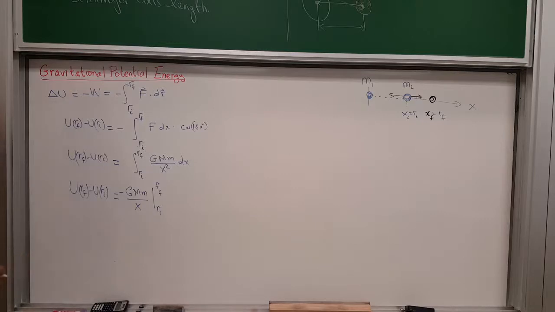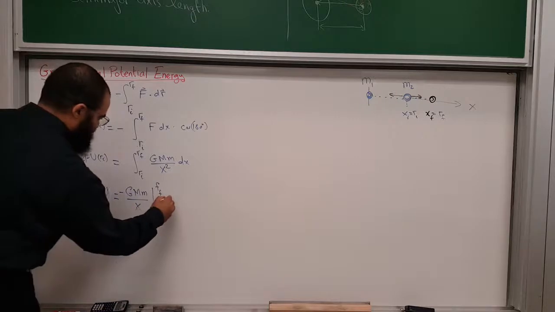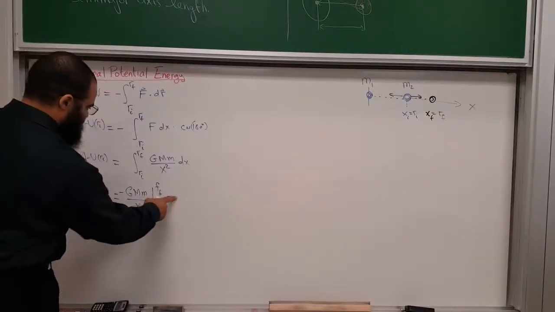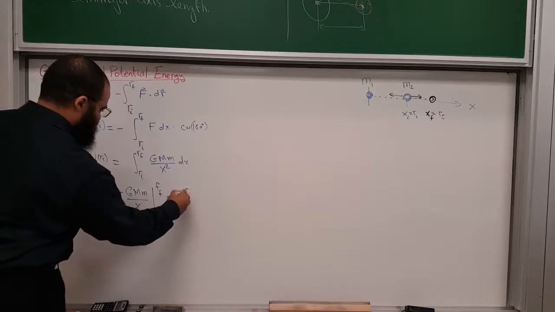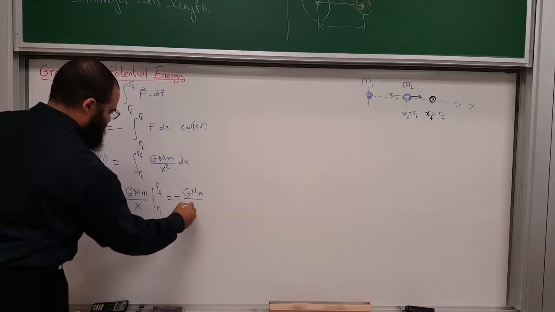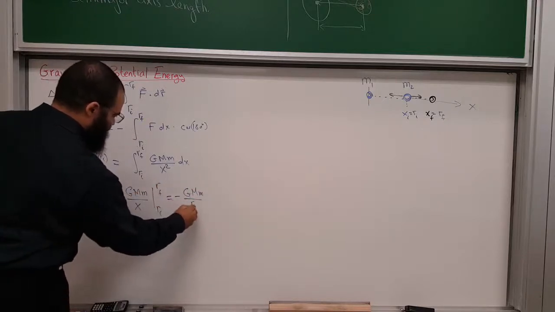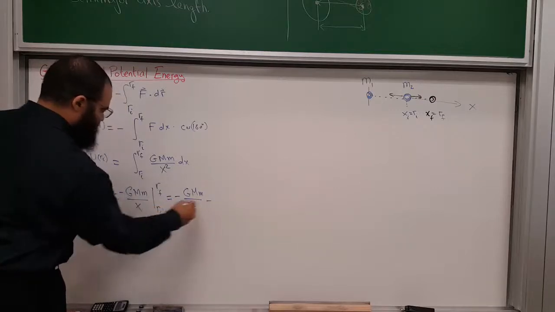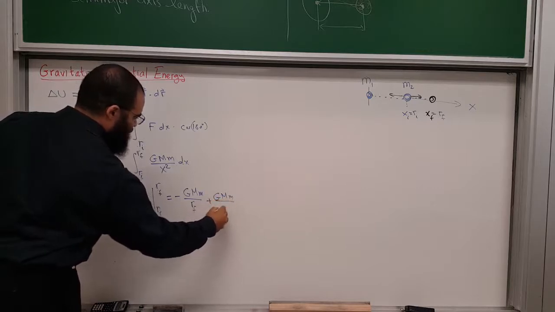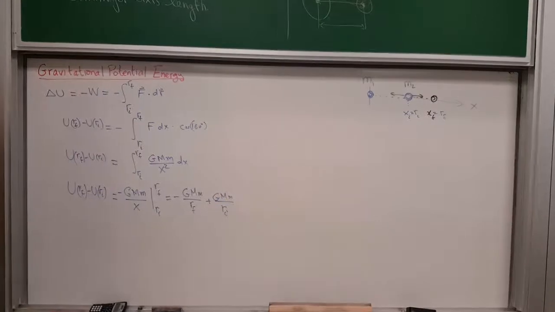Let's evaluate this. It becomes negative G capital M little m over r final, and then minus minus becomes plus, so plus G capital M little m over r initial. So this is the difference between them.